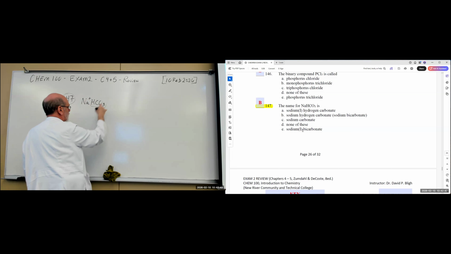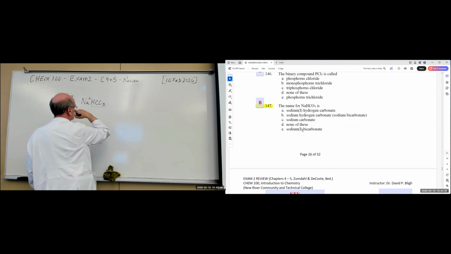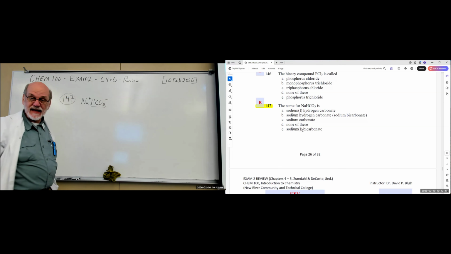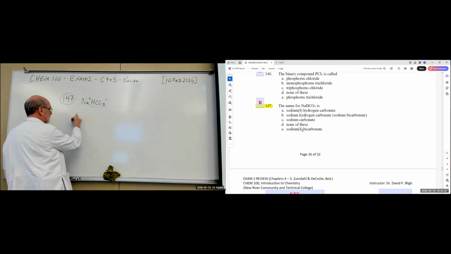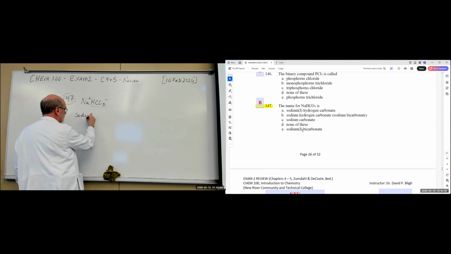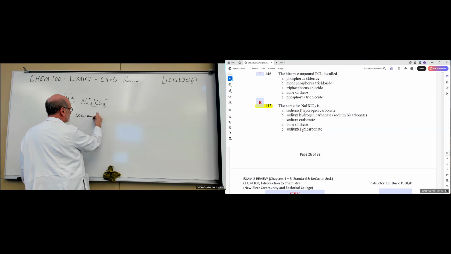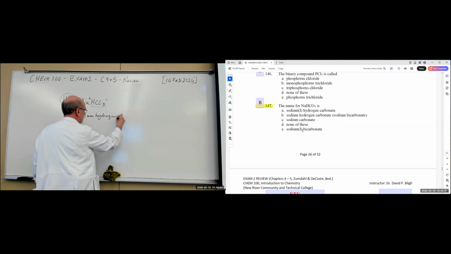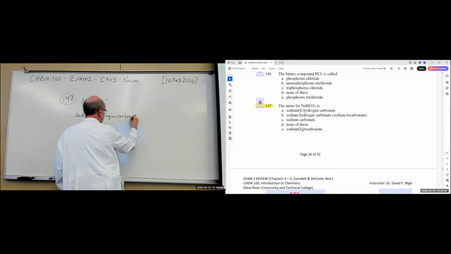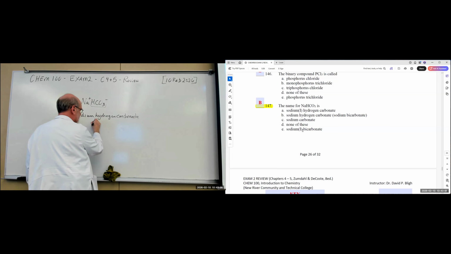That has a +1 charge. This has a -1 charge. So let's name it. Type 1 compound. Sodium is a fixed charge. So we just say sodium hydrogen carbonate. This is the polyatomic ion.